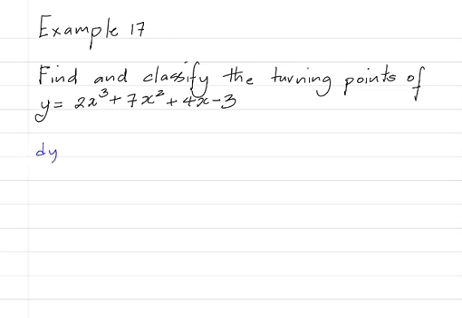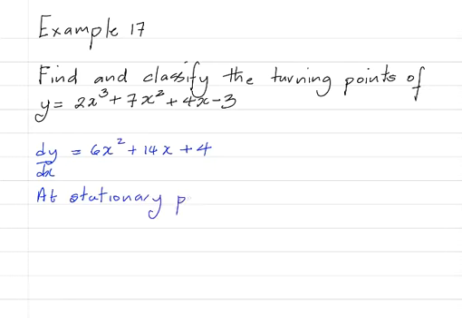dy by dx would be equal to 6x squared plus 14x plus 4. At the stationary point, dy by dx is equal to 0.